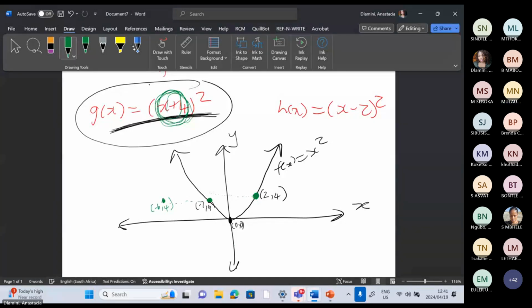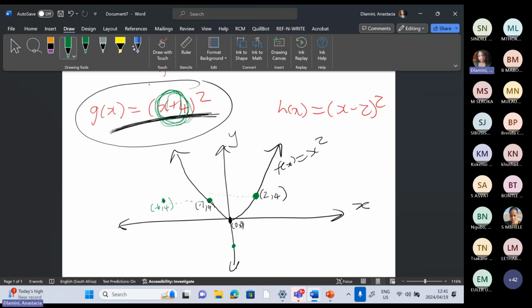Why am I confused now? So the turning point. Sorry, I'm still shifting it vertically. I'm sorry. We are shifting it horizontally, not up and down. Okay, let me breathe. Let's use a different color.